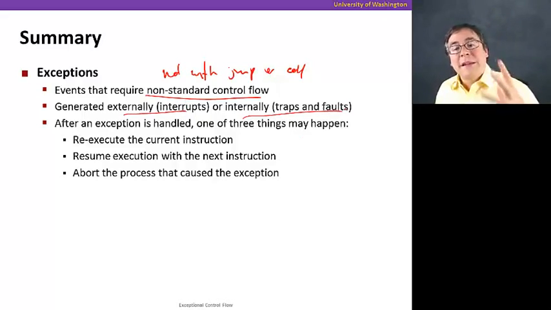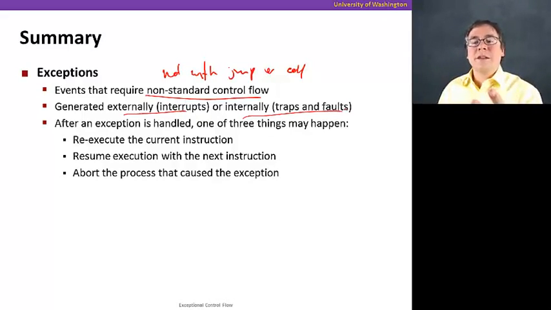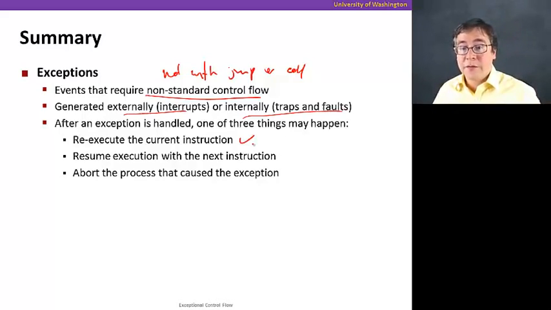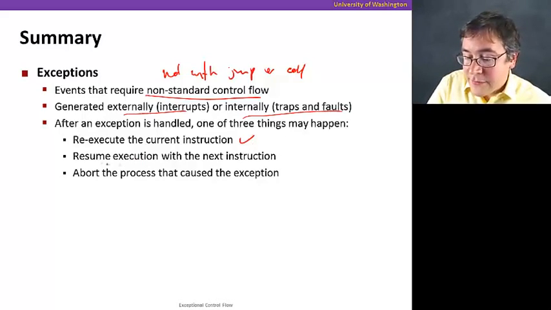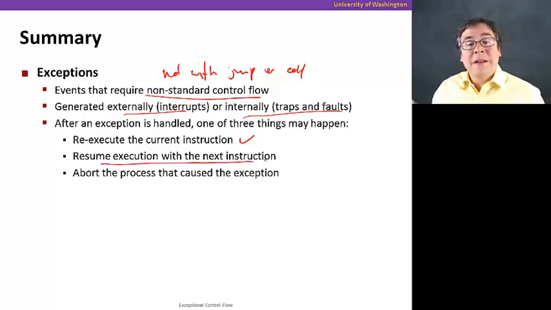The exception is handled by the operating system, and when the operating system handles that exception, one of three things could happen. It re-executes the current instruction, in the case of, for example, page faults. It could resume the execution with the next instruction, which is the case of doing a trap and using operating system services like opening a file, reading, or writing to a file. Or it might choose to abort the process in case the exception is unrecoverable.